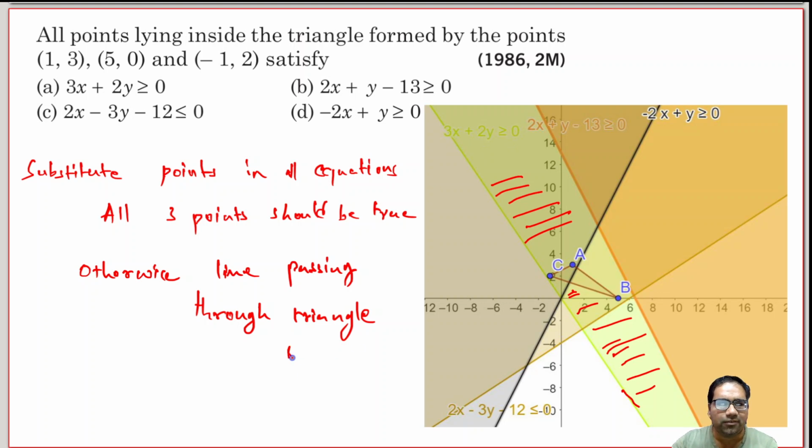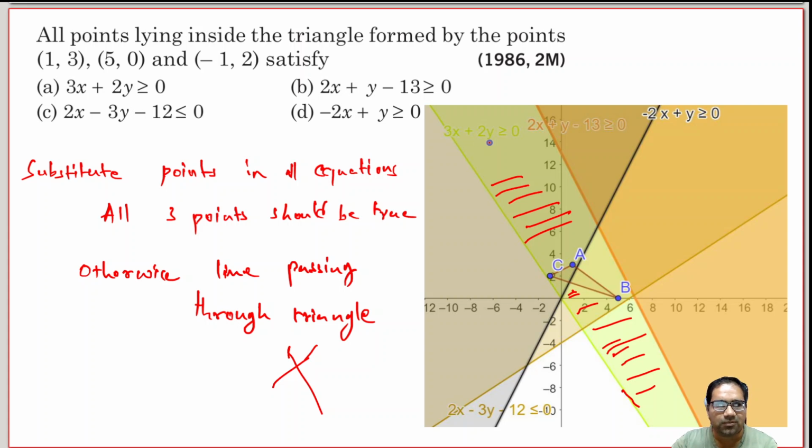So each line will have two sides, either this side or this side, right? And when we substitute any random point which is not on the line, we will get some value, either a positive value or a negative value. If you are getting a positive value, then that means this statement is true.